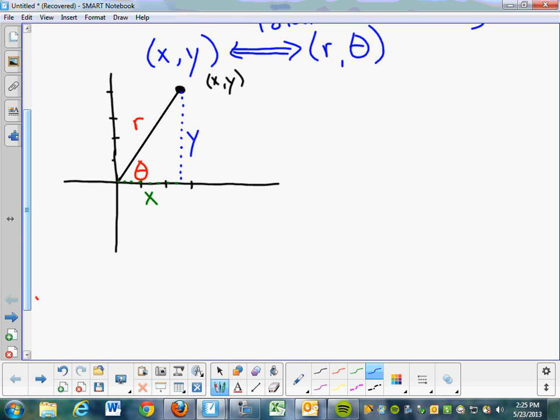Watch this. Would you guys all agree that x squared plus y squared is equal to r squared? So if you want to find r, all you have to do is square x, square y, add them, and then take the square root of your answer, right? That's seriously that simple. I also know a relationship for theta. Tangent of theta is equal to y divided by x.